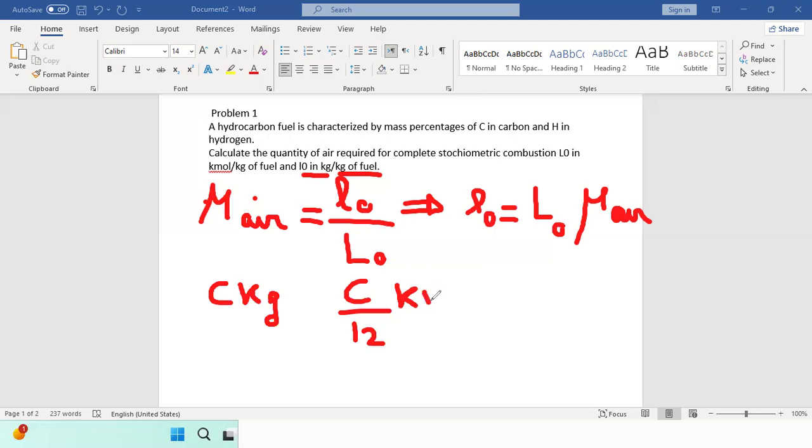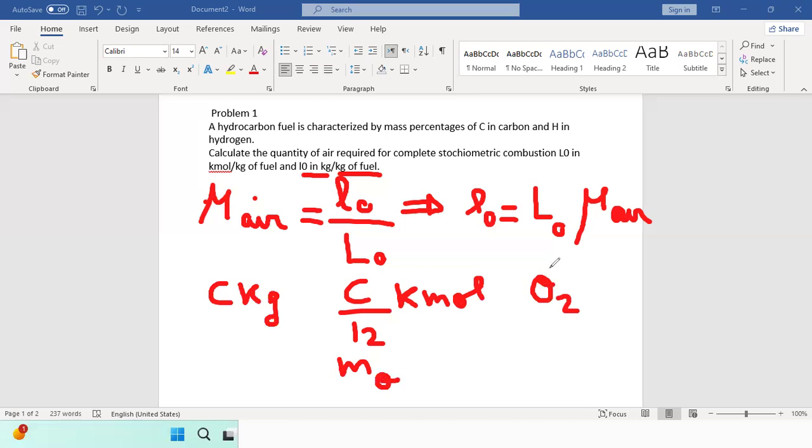And once we know the number of kilomole of O2, we can deduce the mass of O2 required. We just have to multiply the number of kilomole by the molar mass of O2.